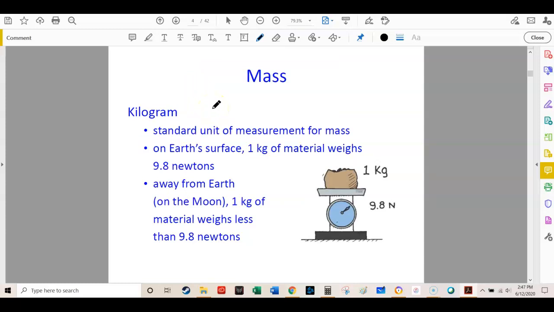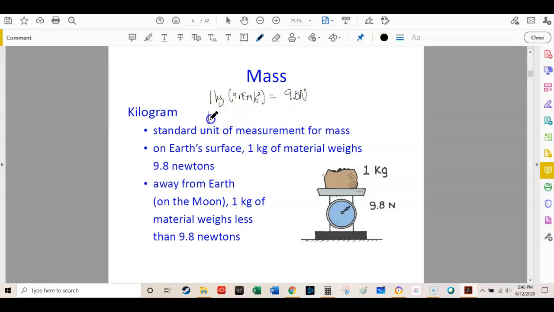The one thing about weight which we have to be careful of: if you had a 1 kilogram object on the Earth, with 9.8 meters per second squared, that object would have a weight of 9.8 newtons, right?